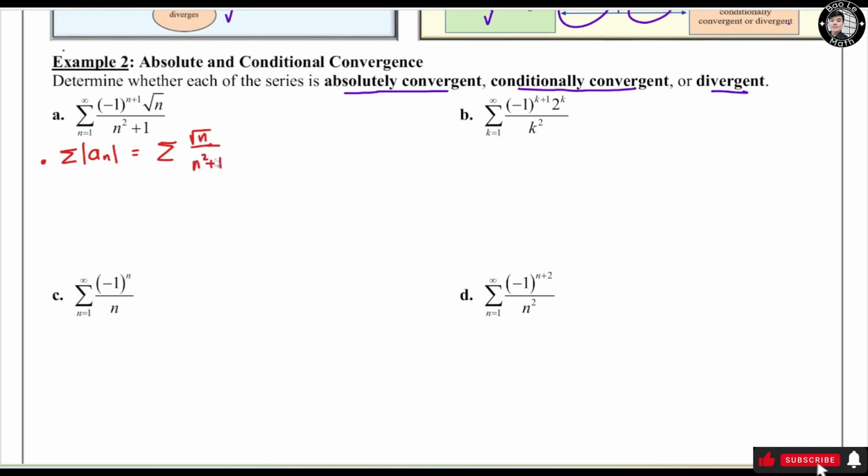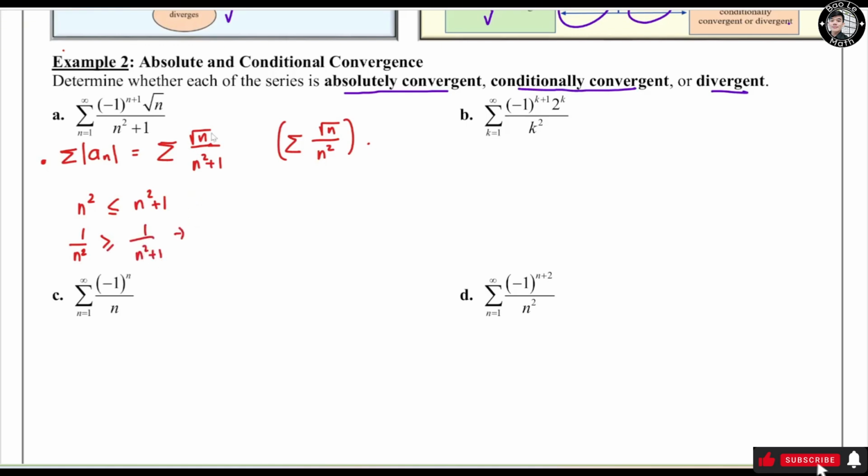Now I'm going to use the direct comparison test. So I'm going to compare this with the series of square root of n over n squared. I'm going to start with n squared always less than or equal to n squared plus 1. Then I'm going to take the reciprocal of both sides, so 1 over n squared is greater than or equal to 1 over n squared plus 1.